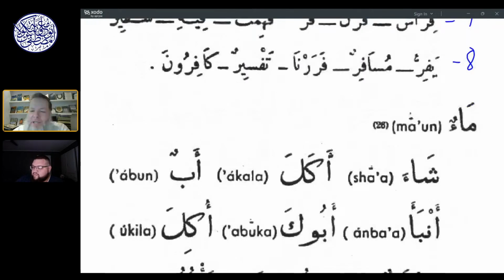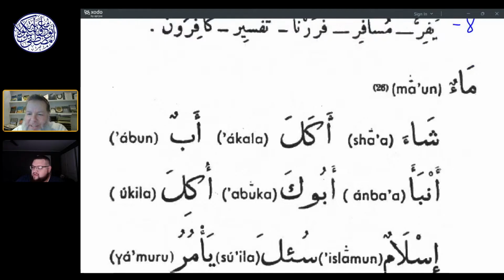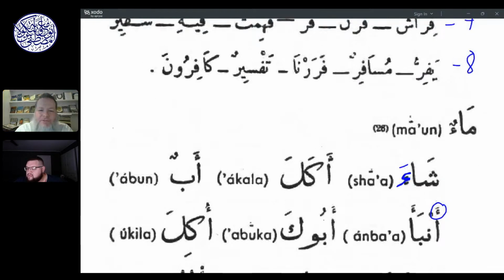Now we see here the hamza can be small and appear on the aleph. When it's by itself holding a vowel, it's written bigger. It can also be written on top of a wow or a ya. If I write it on top of the aleph, it's written like this.